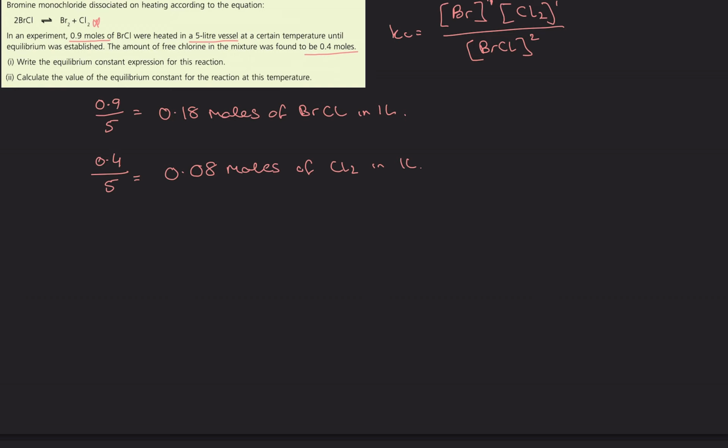Okay, let's do our rice chart. So again, we write out the reaction. The initial concentrations that we've now changed. So the original is 0.18. This would be 0 and 0. It's going to change by a certain amount.